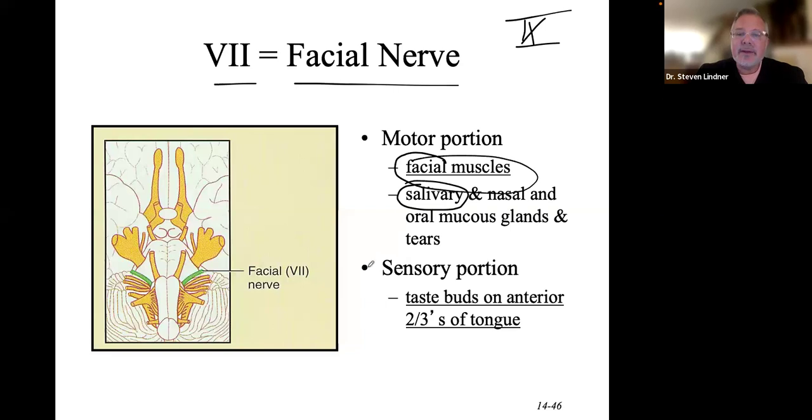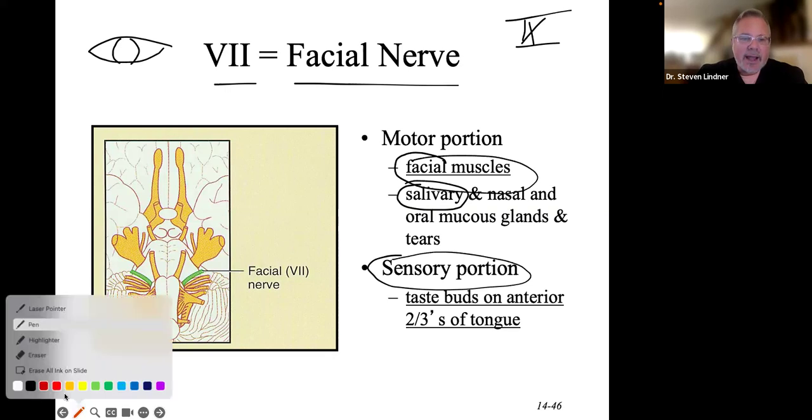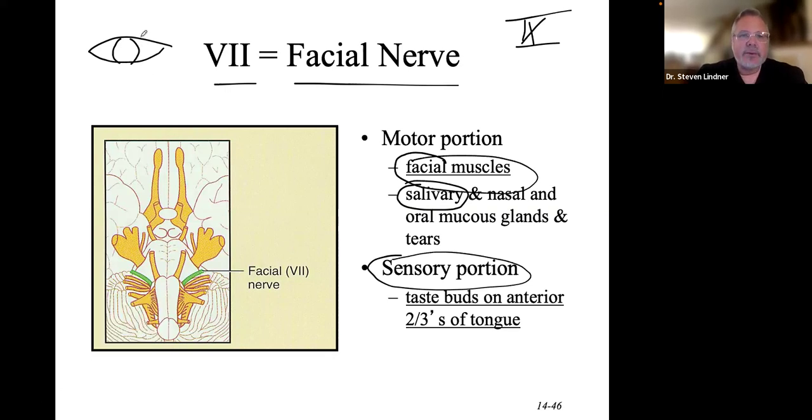Cranial nerve 7 is sweet, sour, and salty. Sweet, sour, salty 7. Cranial nerve 7 is also responsible for shutting the eye. So what I like to do is make a number 7 with a hook.